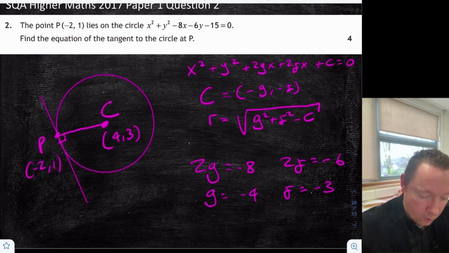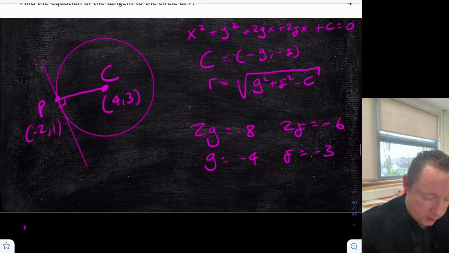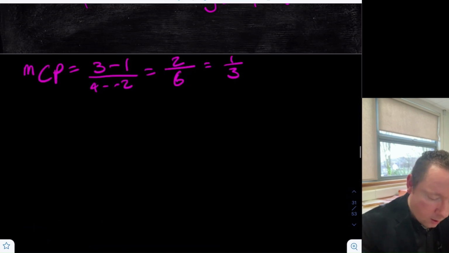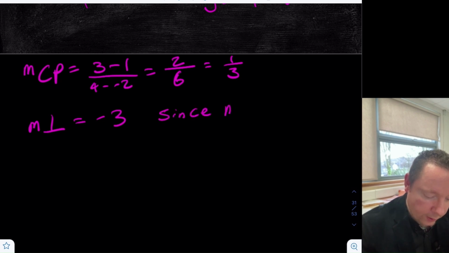Now we can do the gradient between C and P. So that's 3 minus 1 over 4 minus minus 2. That is 2 over 6, which is 1/3. So the gradient of our perpendicular must be minus 3, since m1 times m2 equals minus 1.